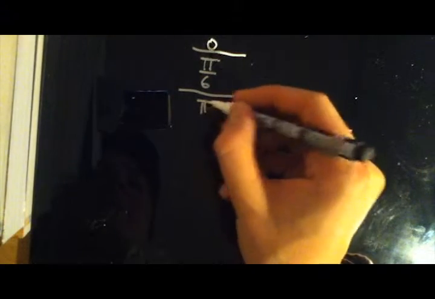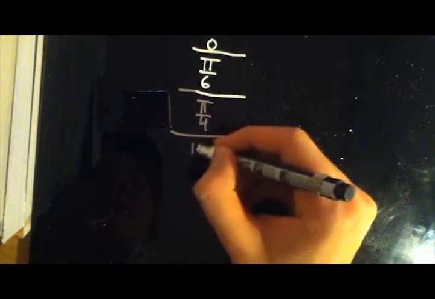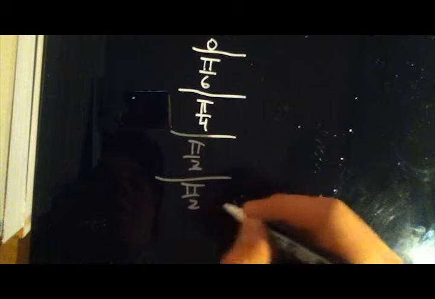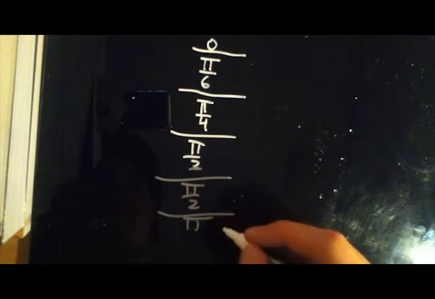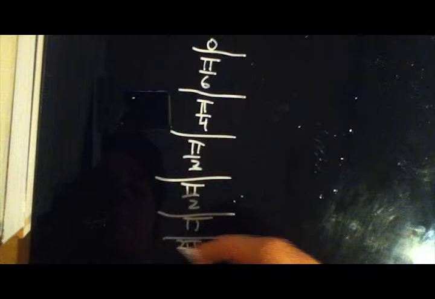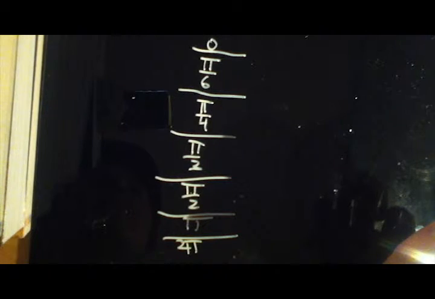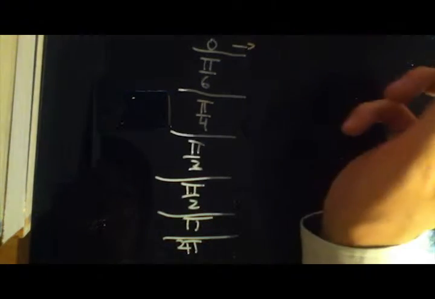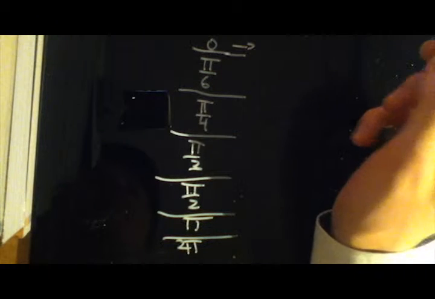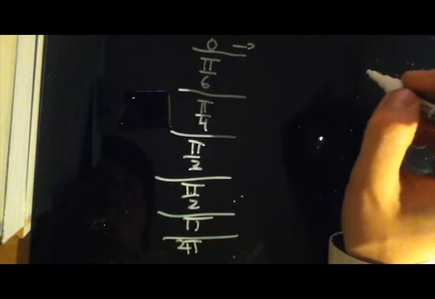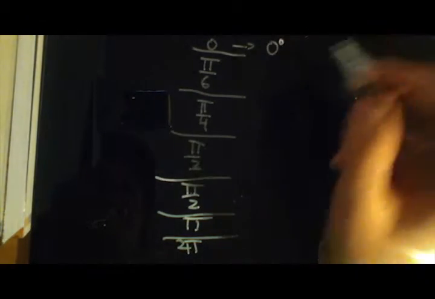And then it's pi over 6, and then pi over 4, and then pi over 3, and then pi over 2, and then pi, and then 2 pi. Now these are the angles you must remember. Must, and must. Now 0 radians is the same thing as the unit circle arc length being 0. So it's 0 degrees.